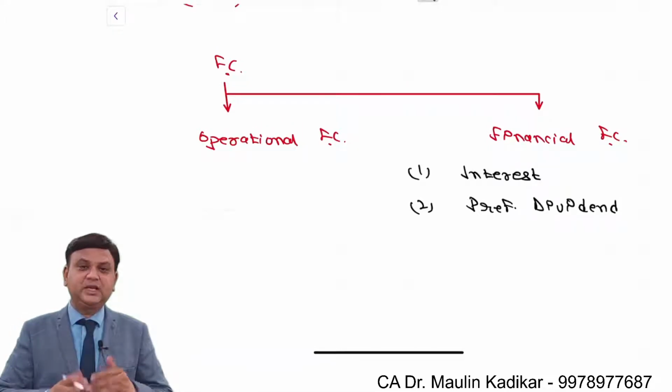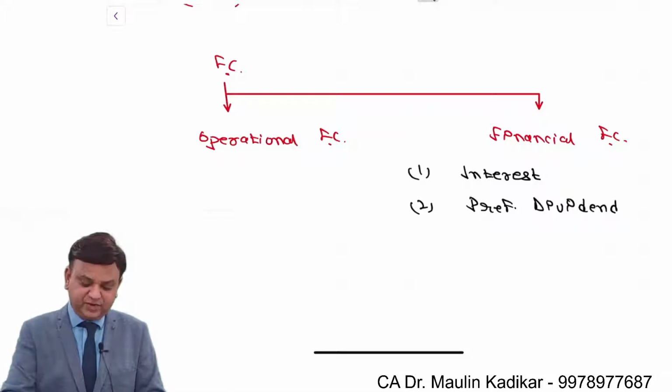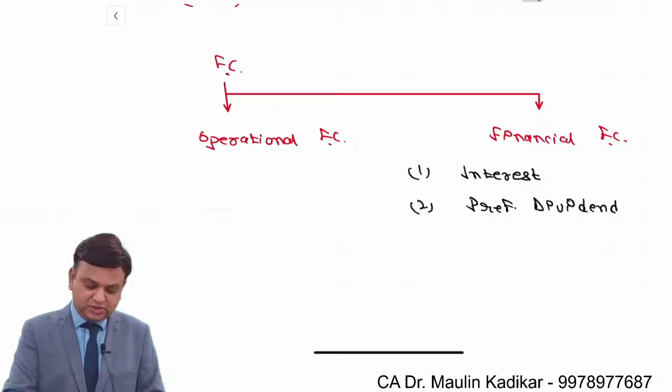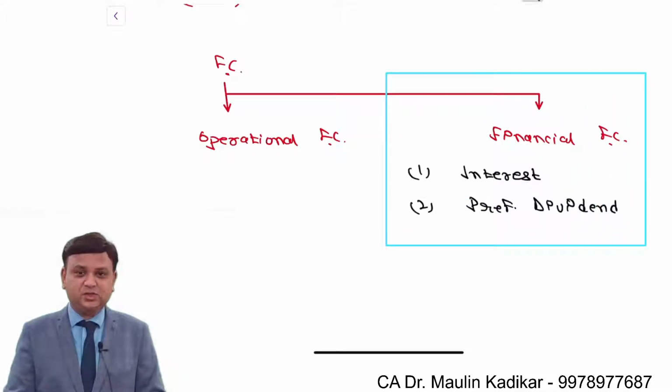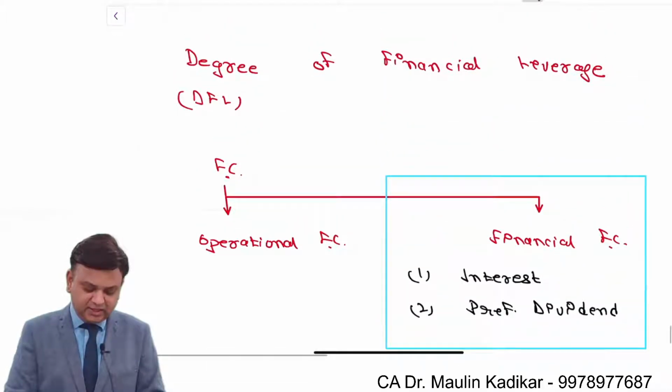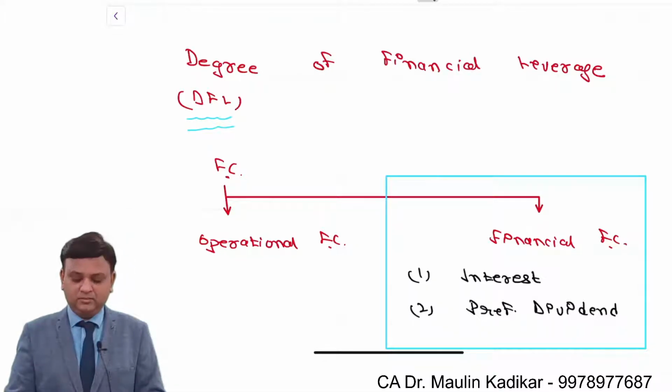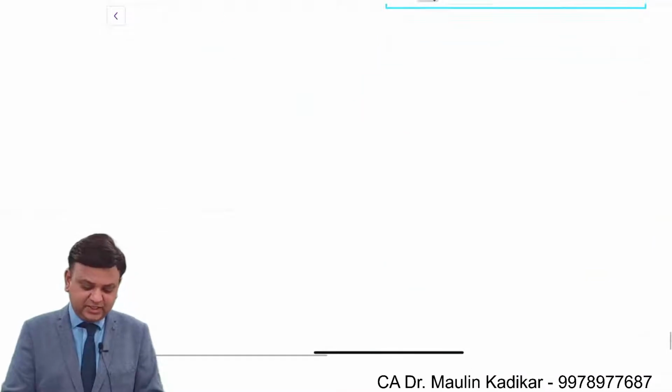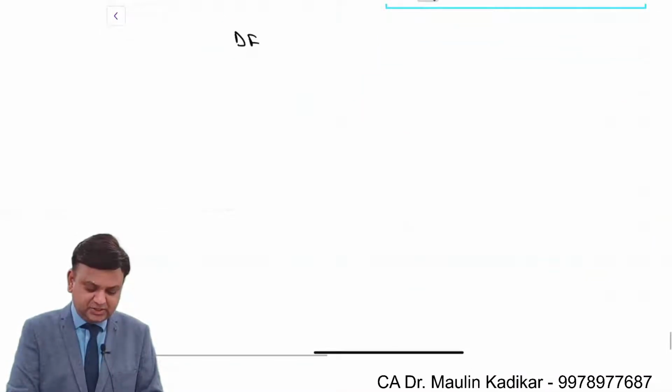Now we are going to understand the effect of the financial fixed cost. Dear students, the effect of the financial fixed cost is measured by the degree of financial leverage. As far as the DFL calculation is concerned, the kinds of questions asked in examinations are divided into two parts.